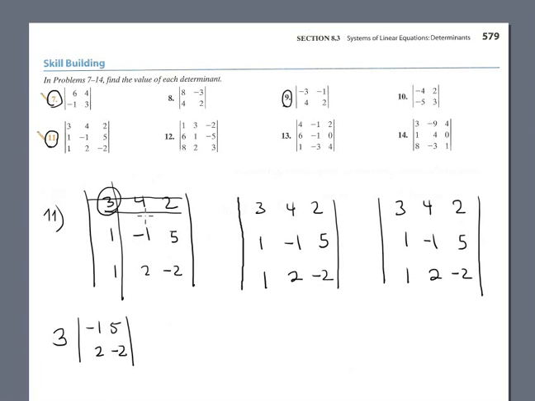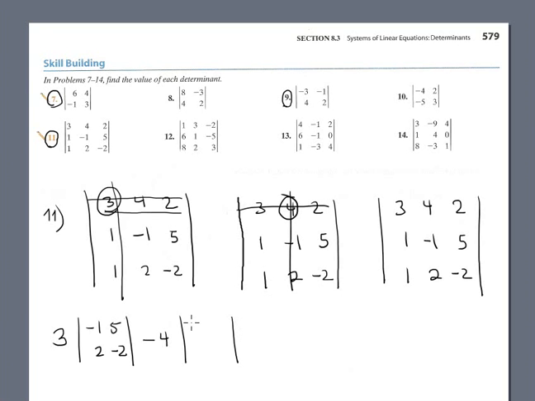2. Now we continue navigating the first row. So now the next entry is 4. But wait, the signs are alternating. This is positive and this is negative, negative 4. Negative 4 multiplied by the cofactor when you delete this row and this column.